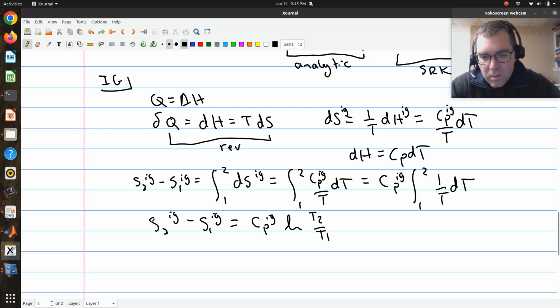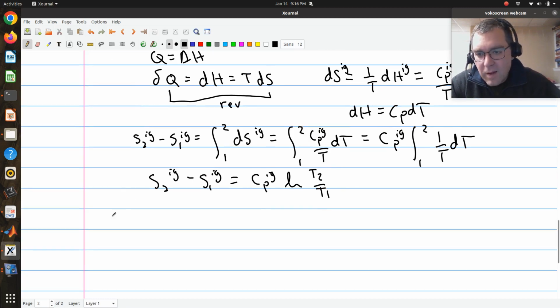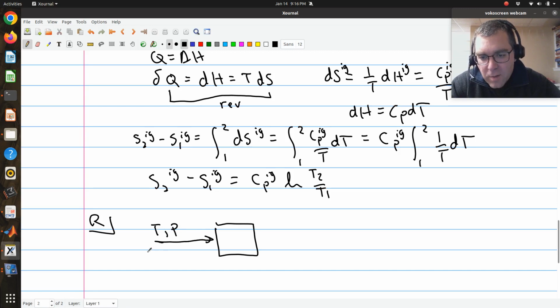So delta S ideal gas is just Cp ideal gas times log T2 over T1. Since I've got this ratio of temperatures, I need to make sure I'm using absolute temperatures here. And then, when it comes to my residual contribution, I'm thinking about the SRK equation of state. I've got this black box, and I need to know the temperature and pressure along with Tc, Pc, and omega.